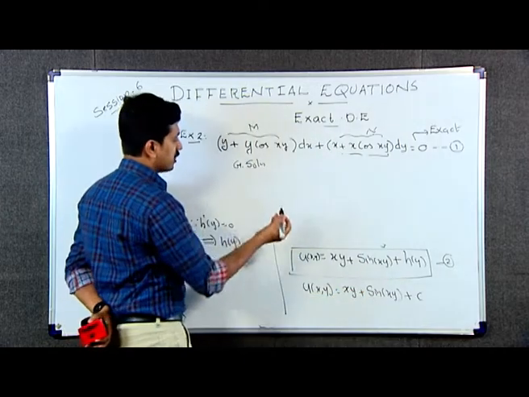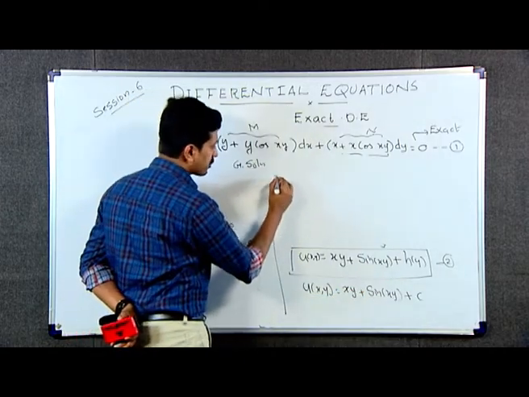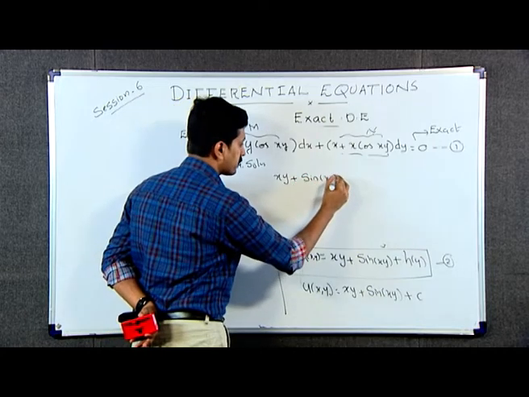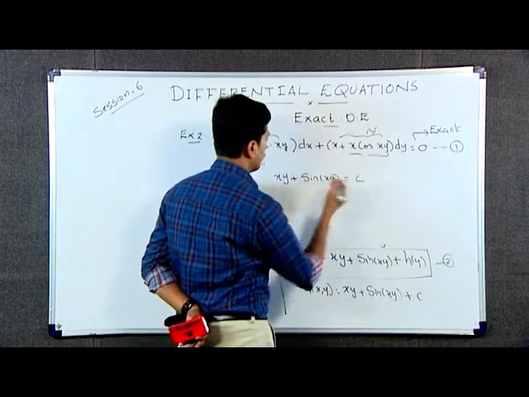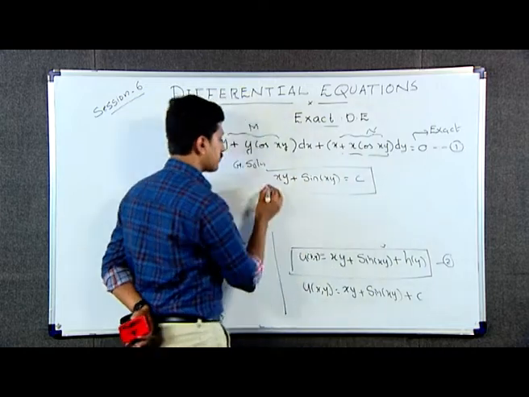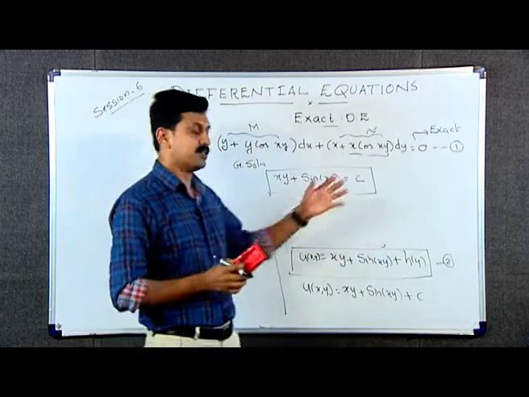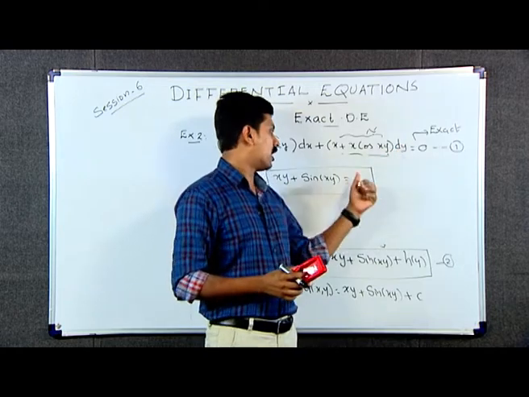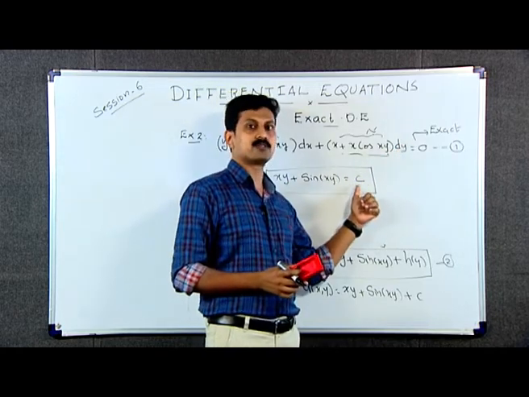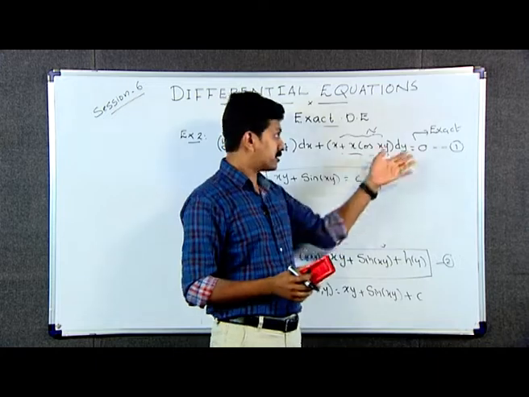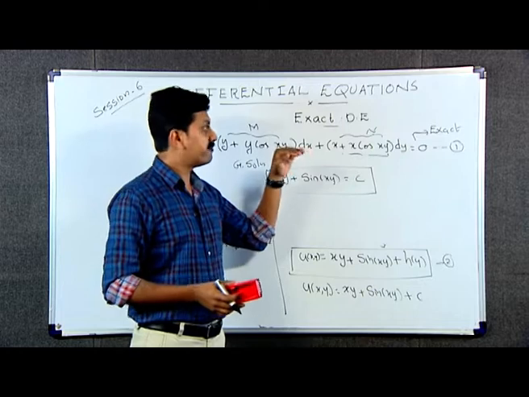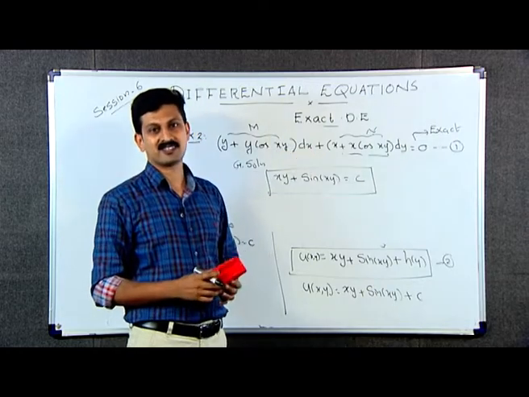So the general solution is xy plus sin(xy) equal to c. As I discussed earlier, no initial condition is mentioned here, therefore we are unable to find a particular solution. This is a general solution. The same thing we can use for an initial value problem if an initial condition exists.